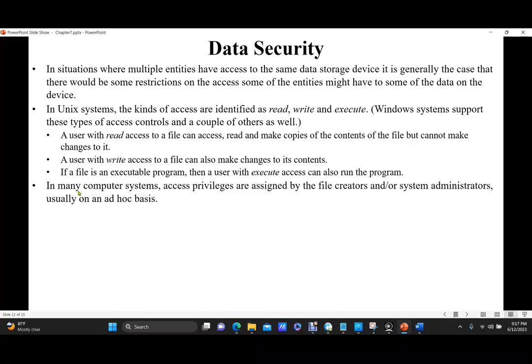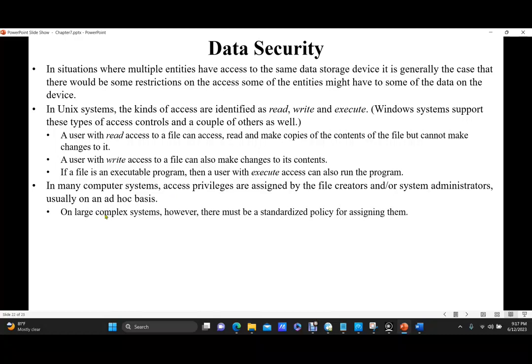In most computer systems, access privileges are assigned by the file creators and/or system administrators on an ad hoc basis, file by file.